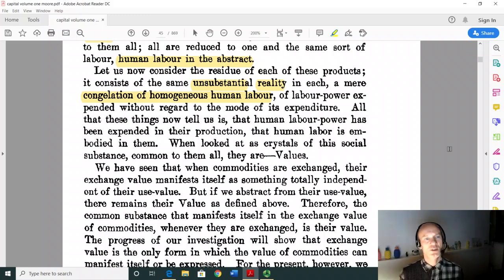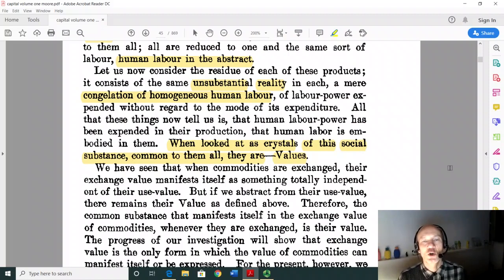When looked at as crystals of this social substance, common to them all, they are values, and you see it is spelled here with a capital V, almost as if these values are suddenly like a person. What kind of things have capital letters here in this context? I don't know, things that have names, or maybe deities or supernatural forces or something.